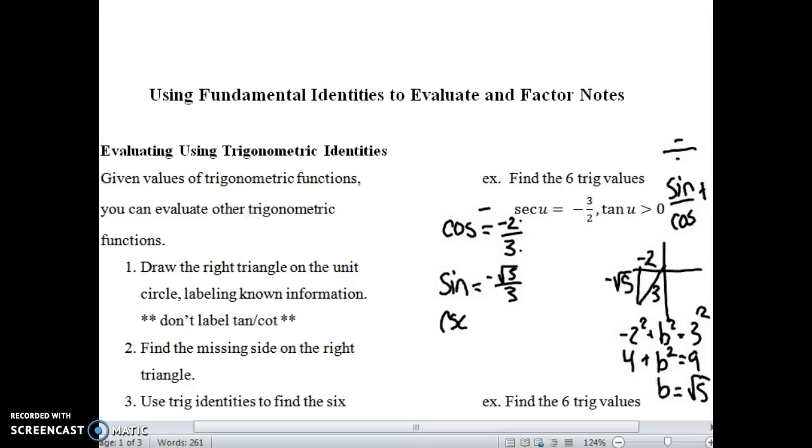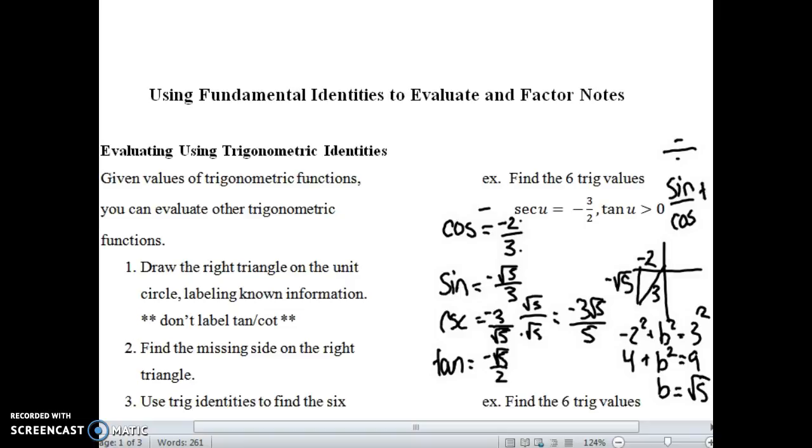The cosecant will then be negative 3 over root 5, in which I need to rationalize. So I end up with negative 3 root 5 over 5. The tangent is going to be the opposite over the adjacent, which is going to be negative root 5 over 2.